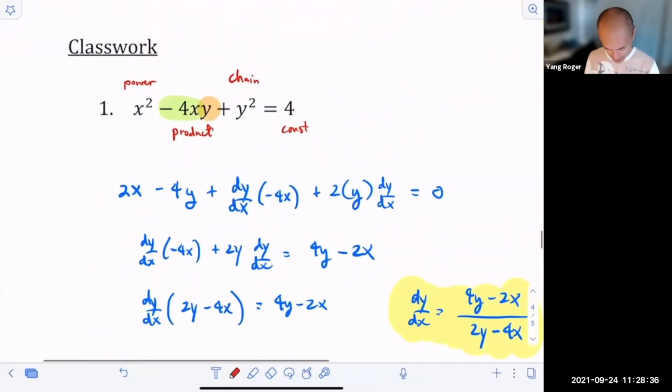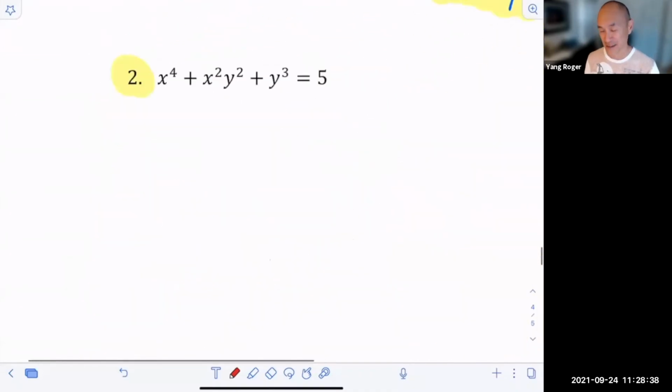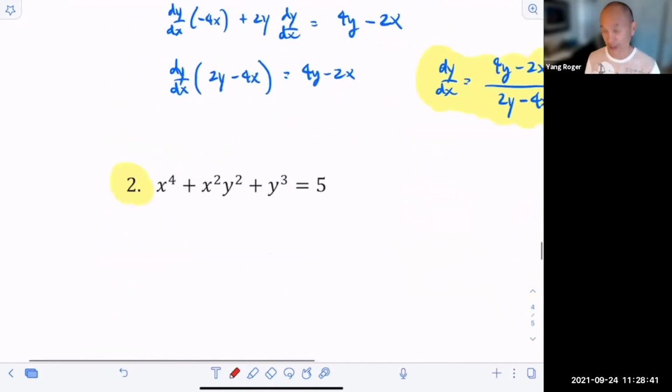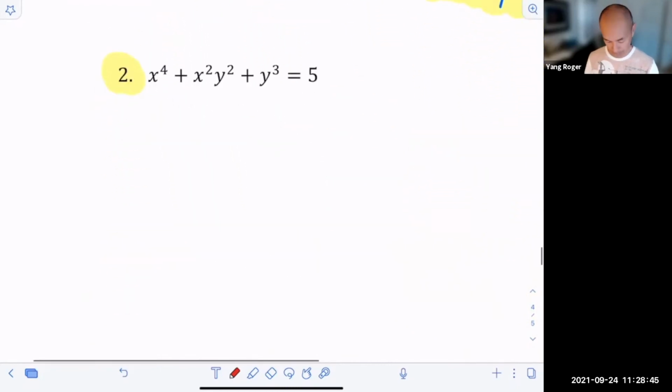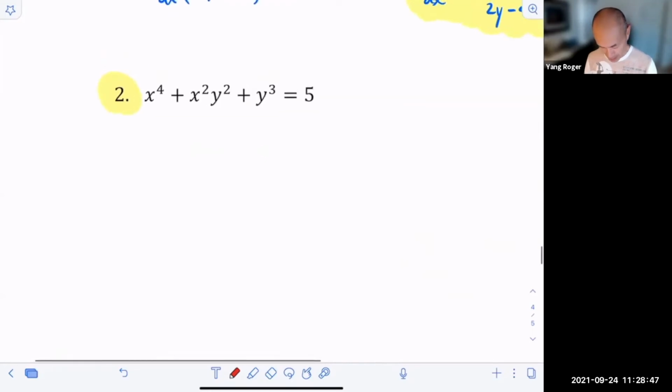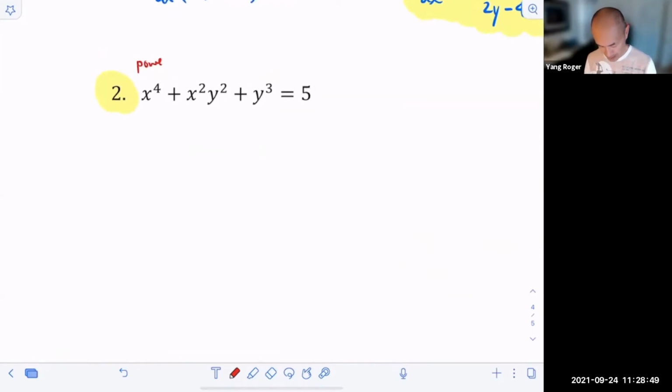And this second question is actually very similar to the first question. I mean, it's close to identical to the first question. So hopefully you had more success with the second one. I would say this guy is power rule. This guy is product. This guy is chain. And this guy is constant. So it kind of has the same pattern.